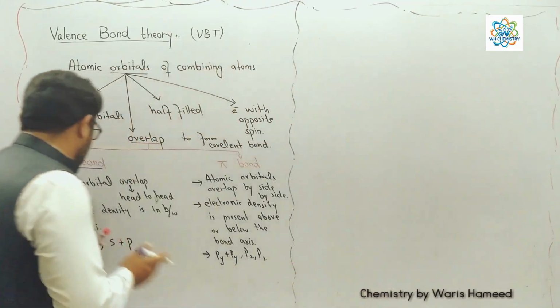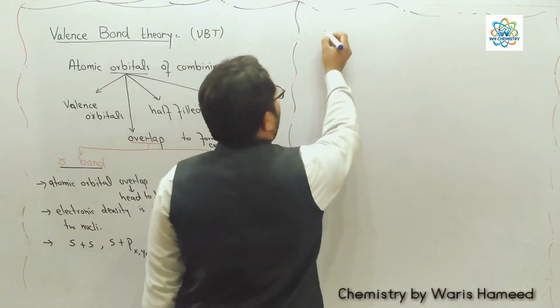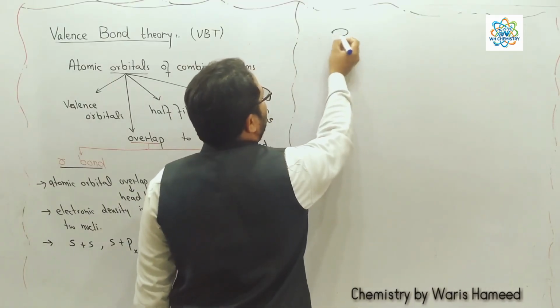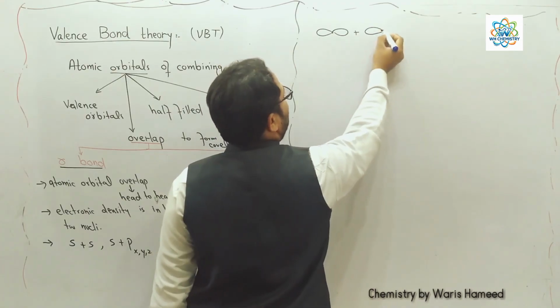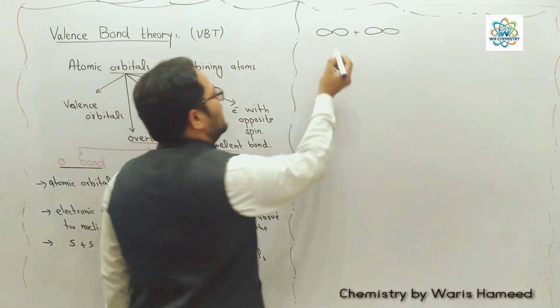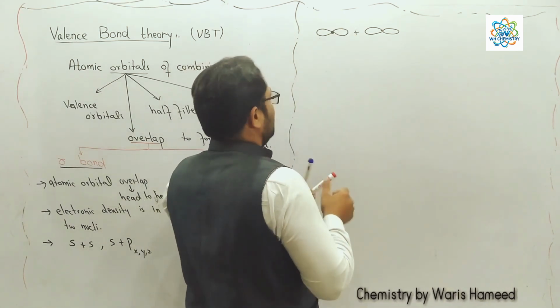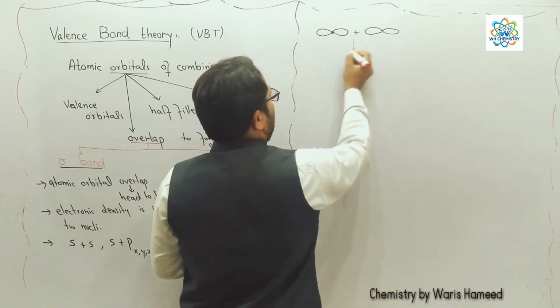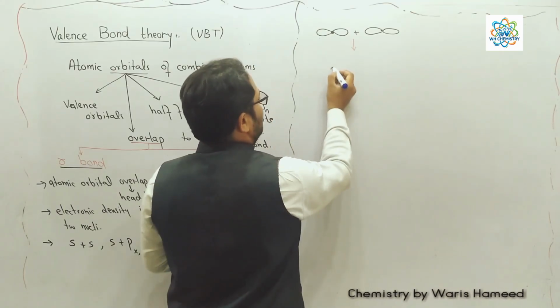Now, an example of sigma bond: when a px atomic orbital overlaps with another px atomic orbital. Here are the two lobes of the p orbital. In the next diagram, there will be the overlapping in between these two atomic orbitals.